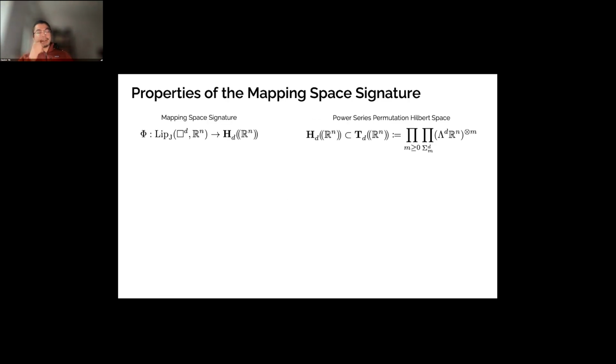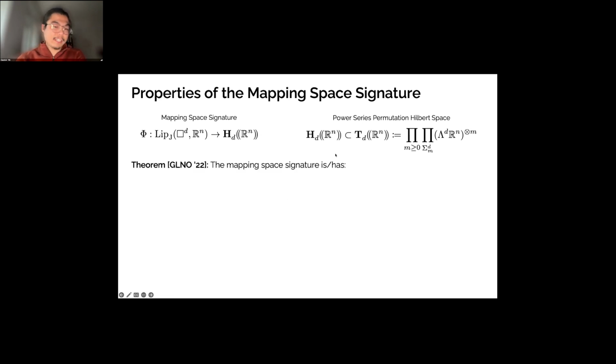With all of these tools, we can now turn to the first main result of this work. Similar to the case of the path signature, I can collect all of these different terms of our mapping space signature, over all choices of the forms index and the permutation index, into a single vector space. In particular, I can also look at a restriction of this into a Hilbert space.